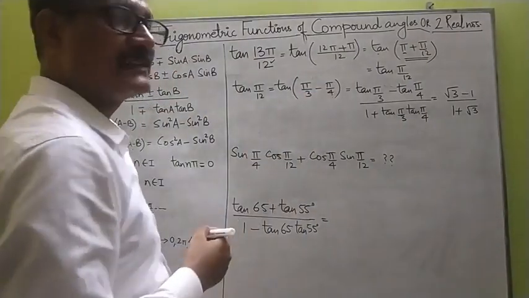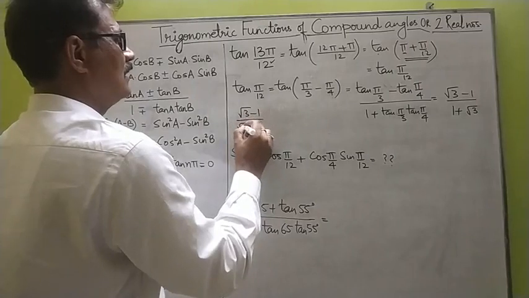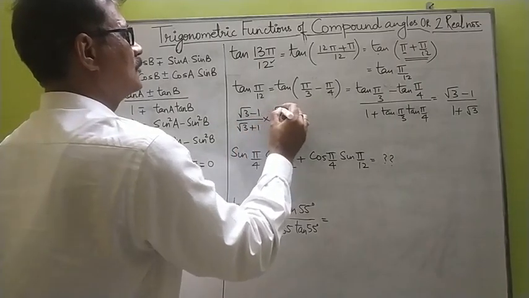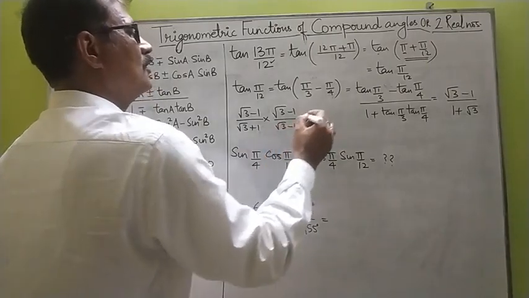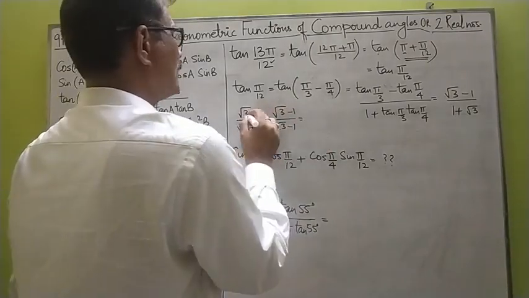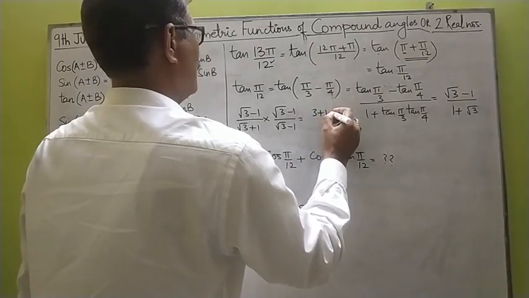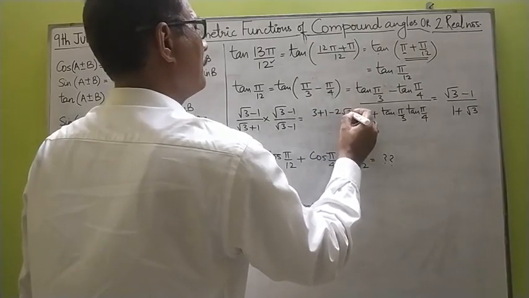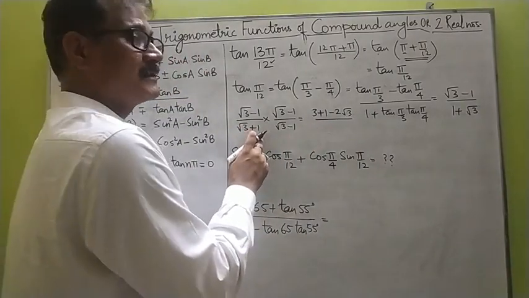Now if we rationalize this, we get root 3 minus 1 upon root 3 plus 1, multiplied with root 3 minus 1 upon root 3 minus 1. So we get the numerator as the whole square of root 3 minus 1, which is 3 plus 1 minus 2 root 3, divided by 3 minus 1 square, that is 3 minus 1, that is 2.